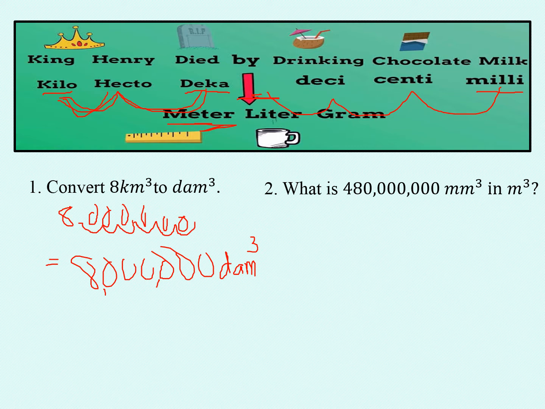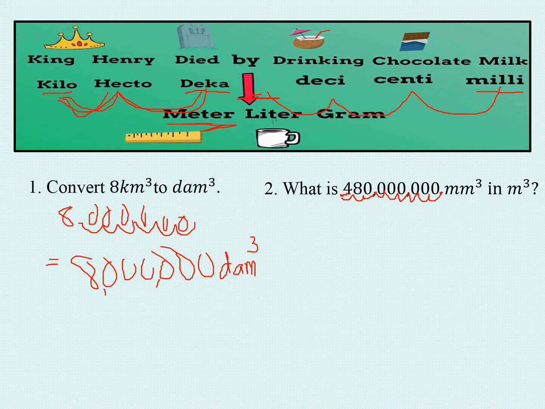Pero, kapag minove natin ng 3 beses yon, times 3 natin kasi nga naka-cube siya. So, 3 times 3 will give us 9. Ibig sabihin, mag-move tayo ng 9 times. So, andito yung point natin. 1, 2, 3, 4, 5, 6, 7, 8, and 9. So, yung ating point will be here.